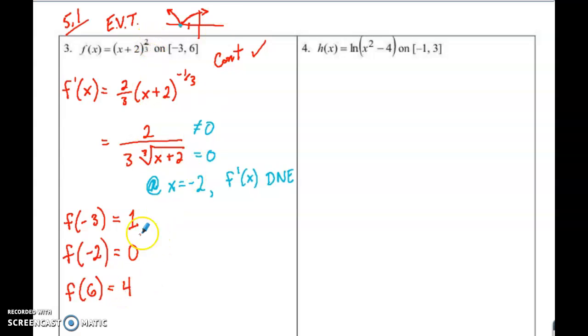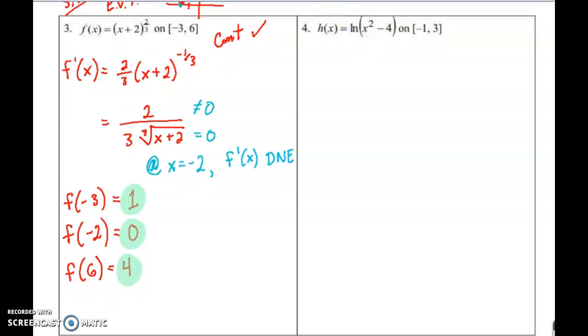So as we examine our 3 values, the smallest is 0. And you probably could tell that before I even started doing the problem, because I gave you the graph. There's an absolute min value of 0. And like I said, you typically don't have to, but it is nice to see the x value.